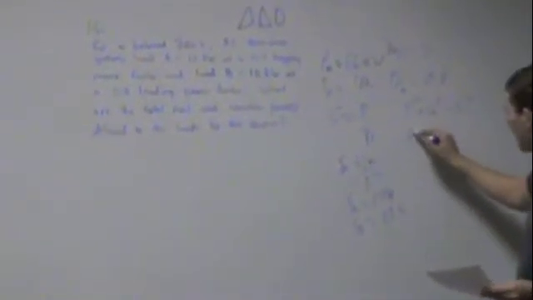So then using P plus Q equals S, and all of those are squared, we know that QA equals 12.24, QB equals 13.5 kilobar.